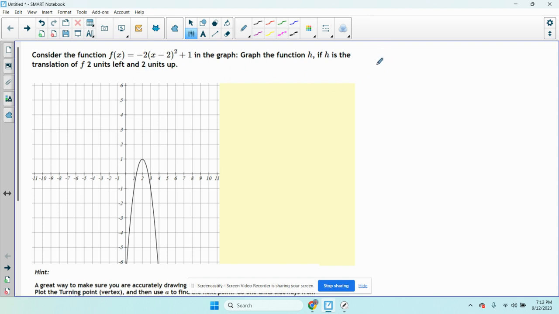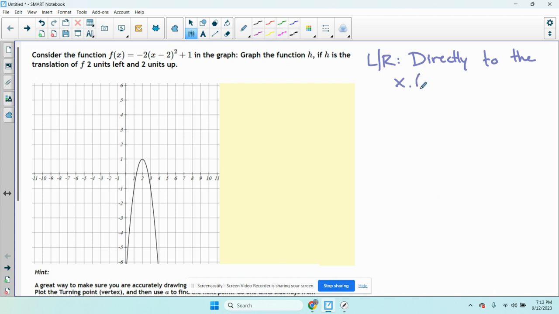up. So when we're talking about a left or right shift, that's going to be something added or subtracted directly to the x. So in this case, it's going to occur inside the parentheses, inside the function x squared.